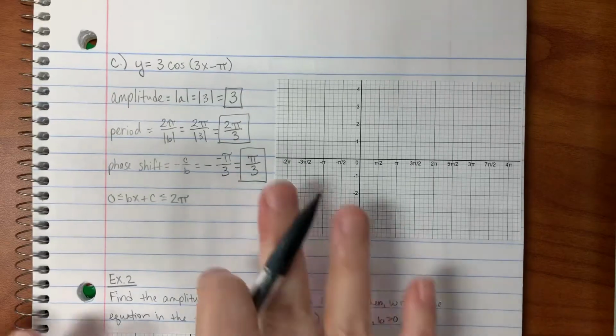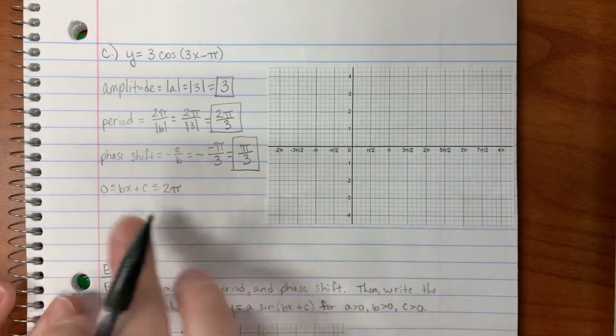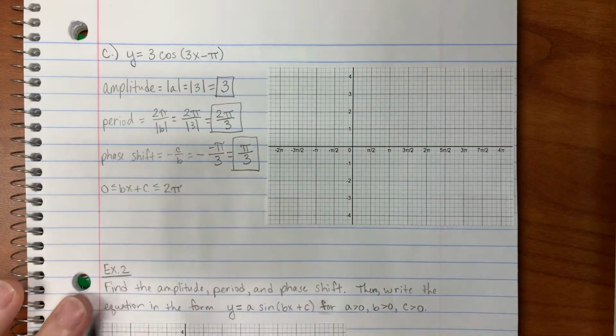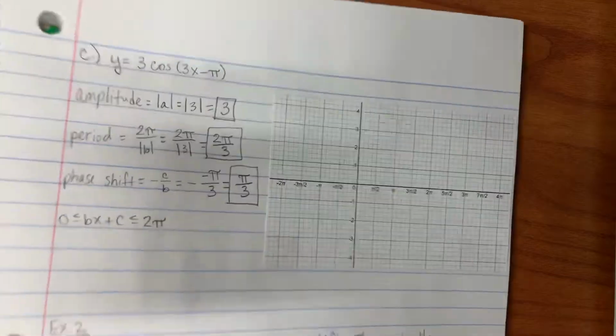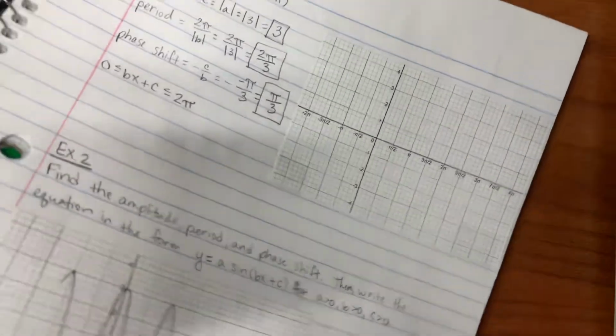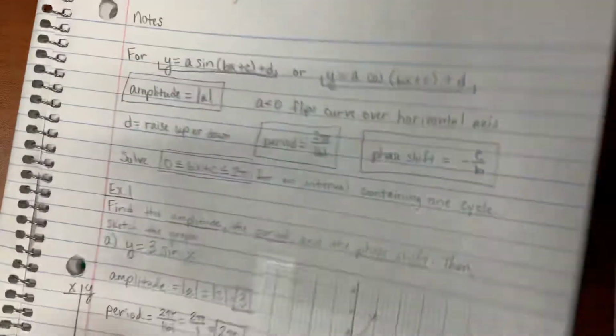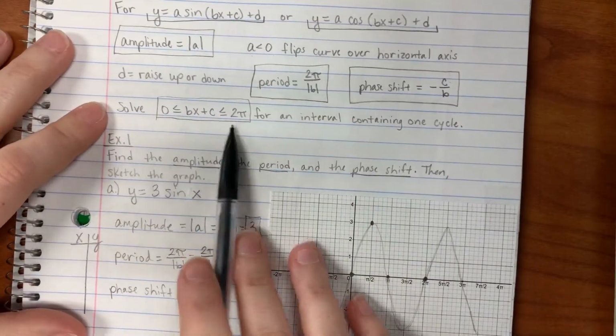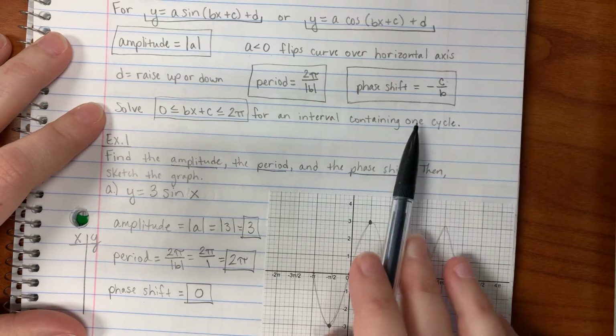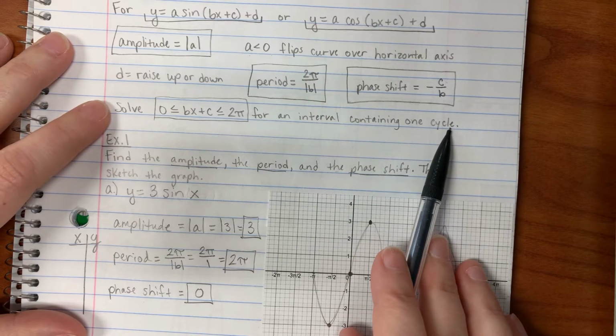Now, to help out with these two ideas, let's look at this idea. I talked about this one in the last video just briefly. Let me go back to it so that you can see it again. Okay, so we said that if we solve this for an interval containing 1 cycle, that is helpful.